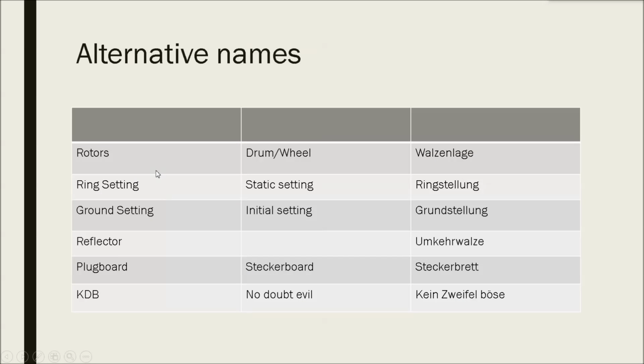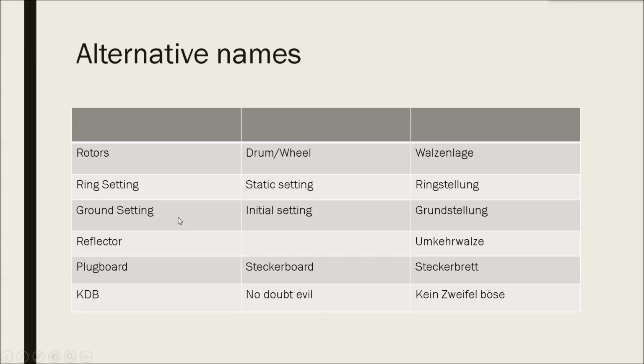The rotors themselves are sometimes also called drum and wheel. The ring setting, which is also called the static setting, will not be changed during the operation of the Enigma machine, and in German it's called Ringstellung.